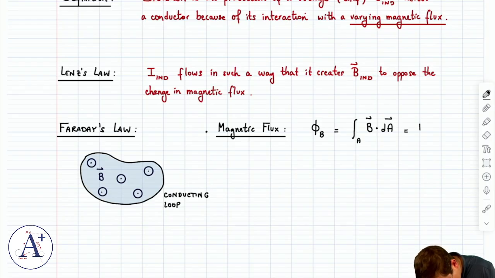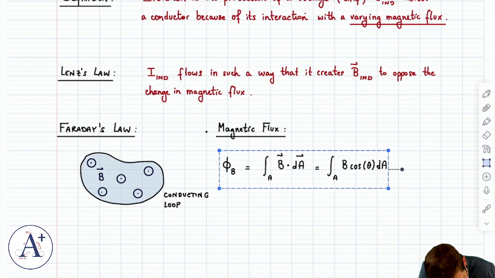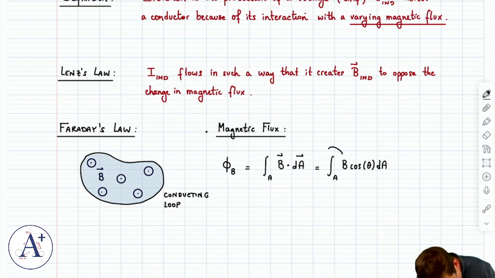And then this, if I'm lucky, is going to simplify because it's going to be the integral of B cosine theta dA. And if B is uniform, which is very often the case, then I get B area cosine theta.